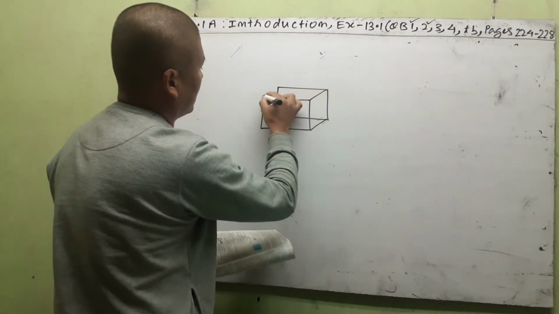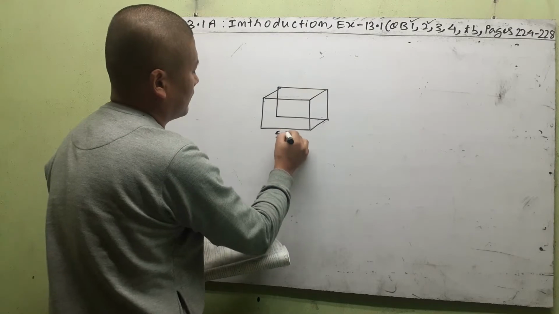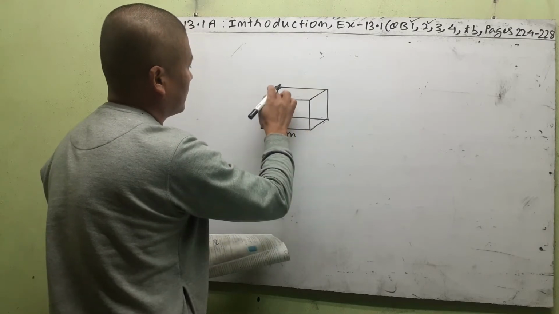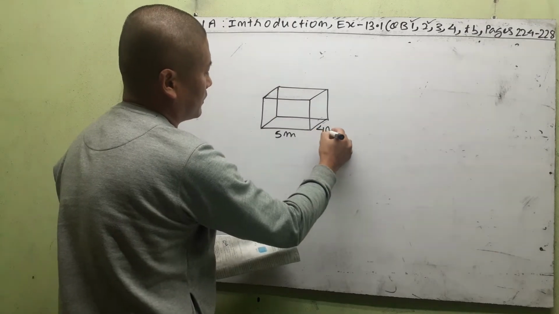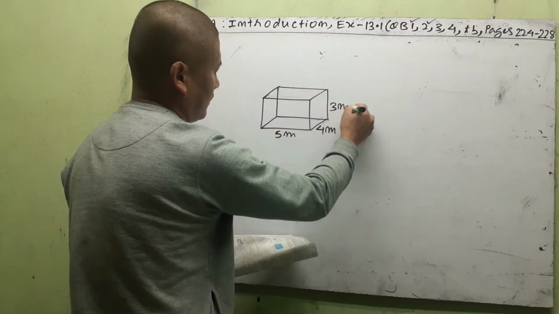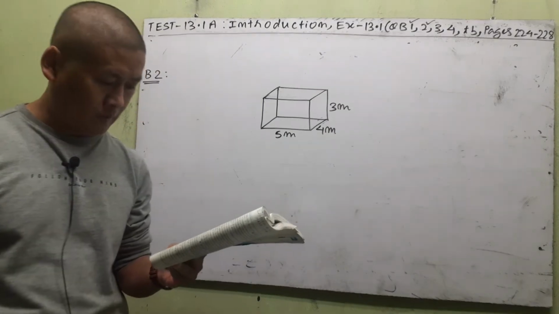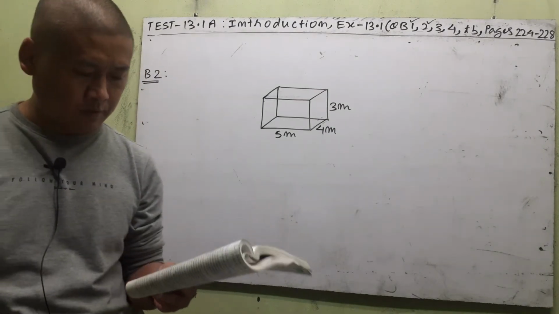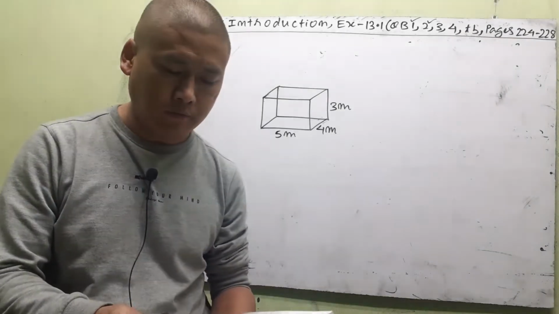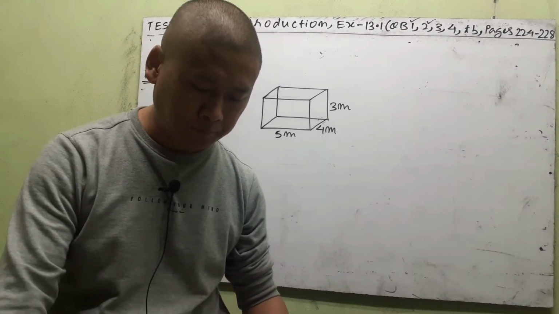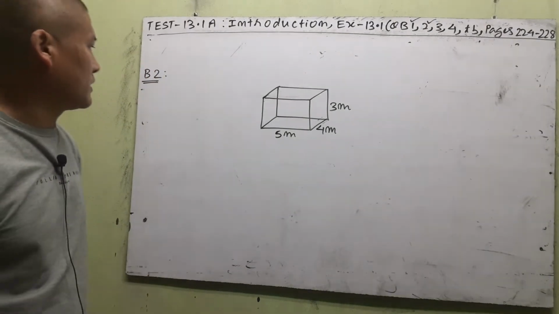The question clearly says the length is 5, so 5 meter, and then breadth is 4 meter and height is 3 meter. Find the cost of whitewashing the walls of the room and the ceiling at the rate of rupees 7.50 paise per meter square.